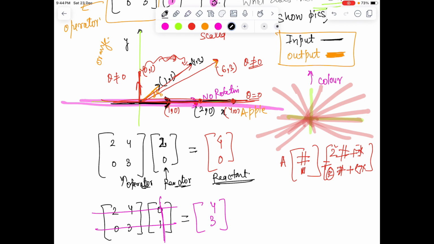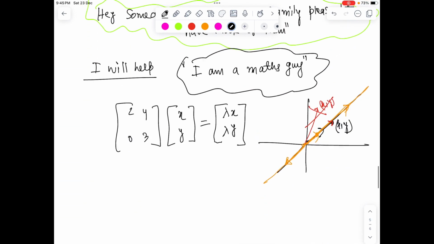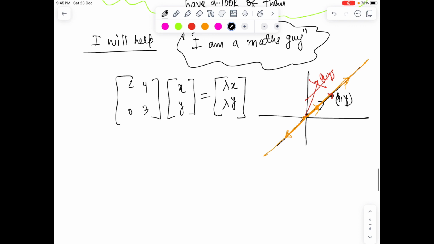Now your question boils down to fundamentally how many such directions are available, where if you pick any apple orange pair, the final product will still be scaled in the same direction. So it's not going to change. One such answer I have found along the x-axis, right? So along the direction of i cap in the language of vector algebra. So are there any other directions? Let's try to find.